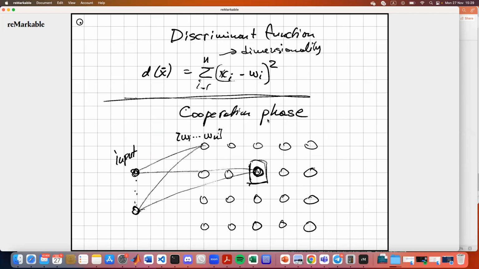These are the weights of the connections you learn, and for a given input you determine which neuron is the closest. Then the lateral connection, you should imagine it like yet another dimension for communication between the neurons.